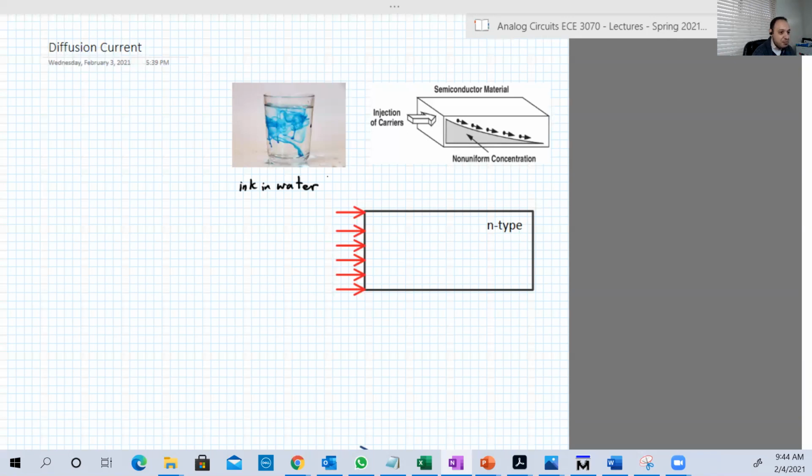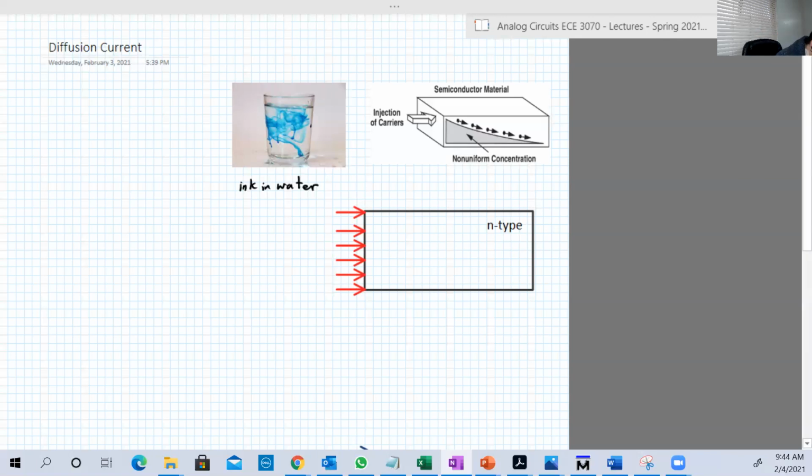When we have a non-uniform distribution of the carriers, there will be a movement of these carriers from the high concentration regions into the low concentration regions.